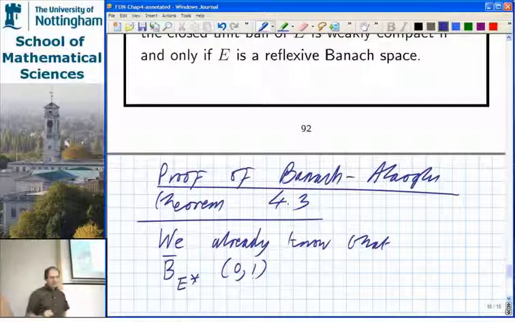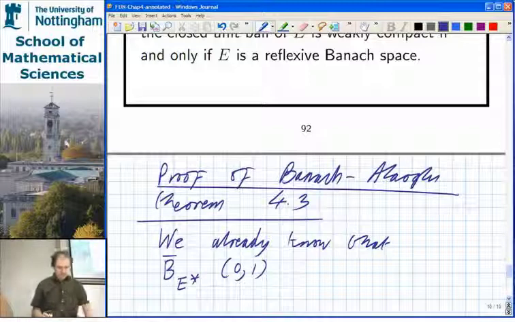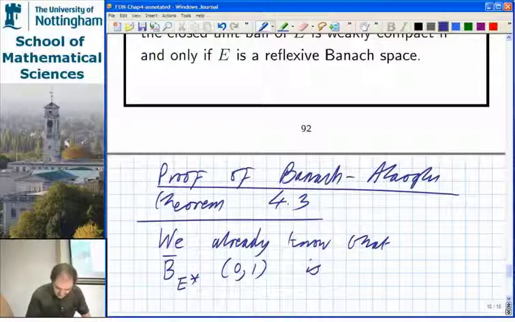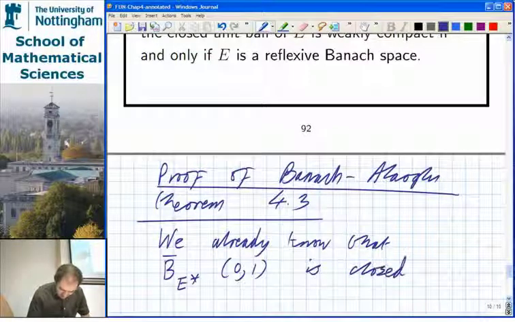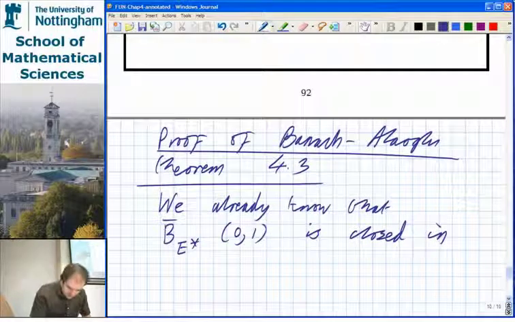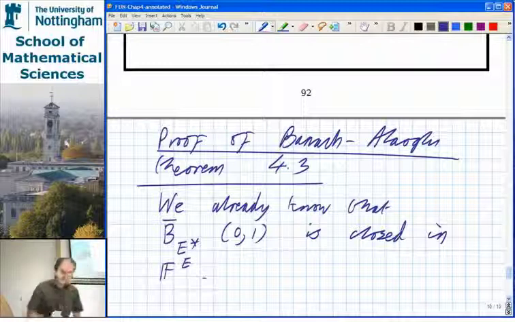That's my notation for the closed unit ball in E star. It is closed in F to the E. But pointwise boundedness is quite easy.